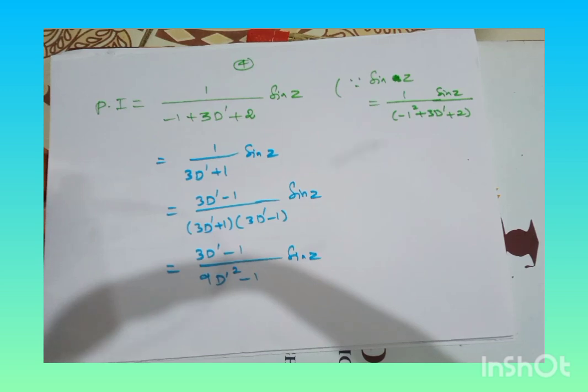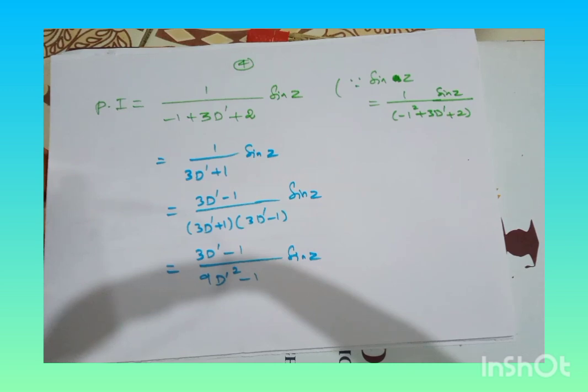Our aim is to eliminate the D dash in the denominator so it becomes a constant term. The only thing is we have to multiply and divide by the conjugate of the denominator. The denominator is 3D dash plus 1, its conjugate is 3D dash minus 1, so multiply and divide, and it becomes 3D dash minus 1 of sine z divided by a plus b into a minus b, that is a squared minus b squared: 9D dash squared minus 1.